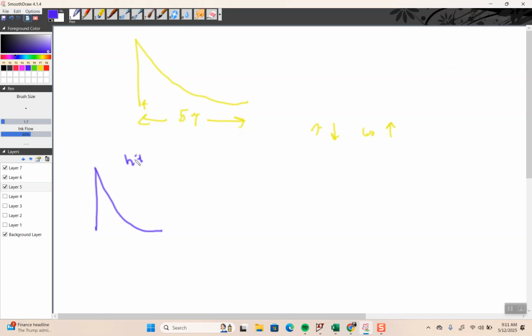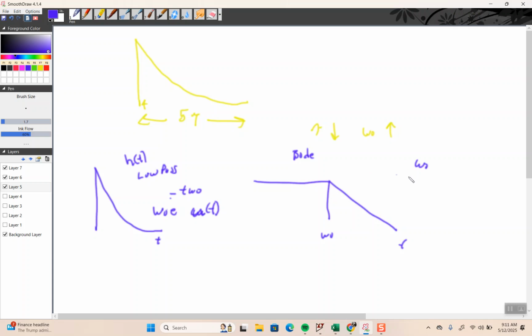So this is h of t, low pass. This is the Bode plot of it. So this is time, this is frequency, omega naught. This is omega naught e to the minus t omega naught u of t, and this is omega naught over s plus omega naught.